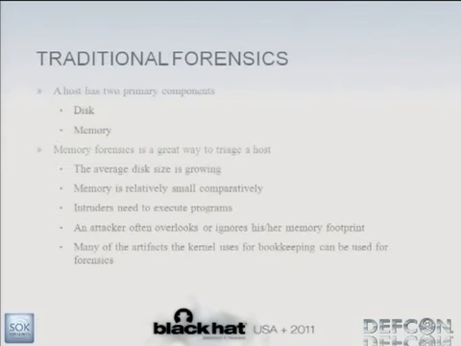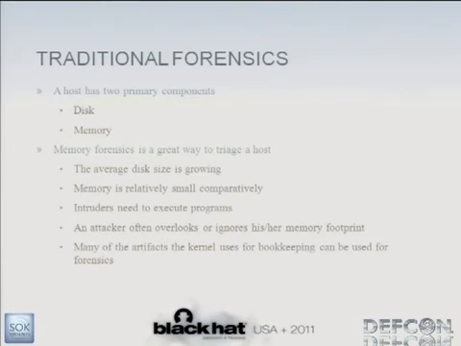Traditional forensics is a broad overview. A host has two large sources of information for forensics: the disk and memory. And lately, memory has become a great way to triage a host, say in a forensics investigation. The reason is that the average size of disk is growing extremely high.